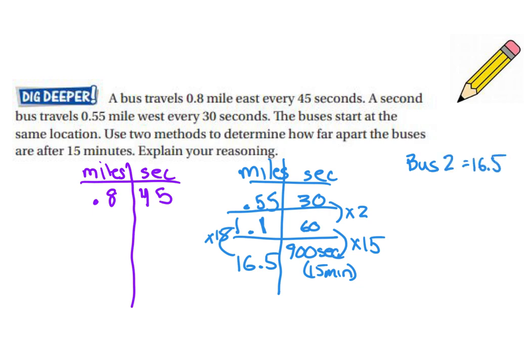And now let's do the same for bus 1. 45 seconds times 2 would be 90 seconds, and 90 seconds is 1.5 minutes. So if I take 1.5 minutes times 2, it's going to put me at 180 seconds, which is 3 minutes.